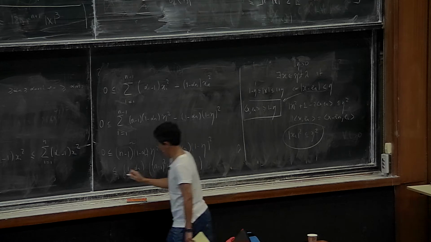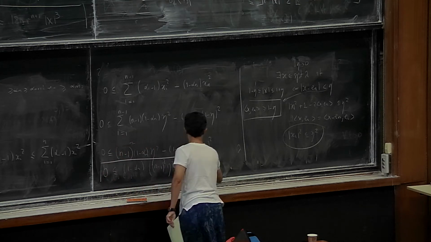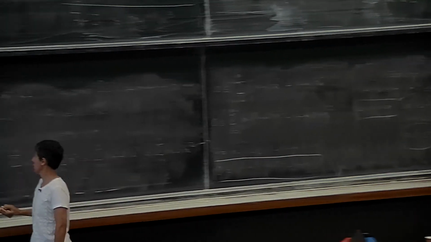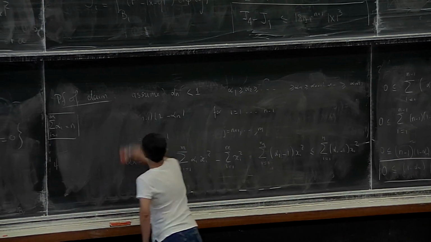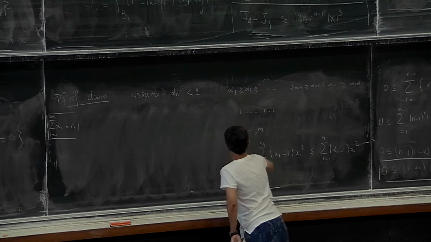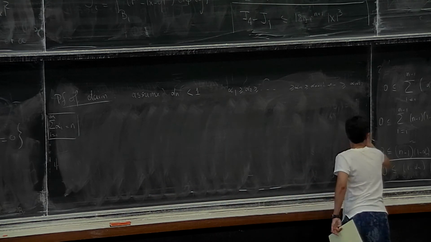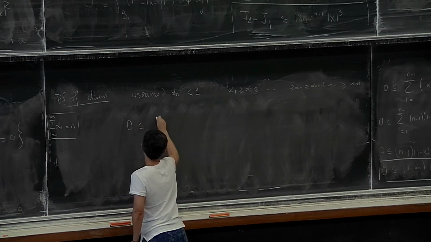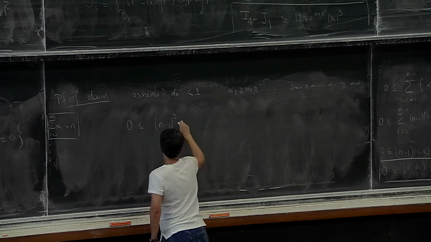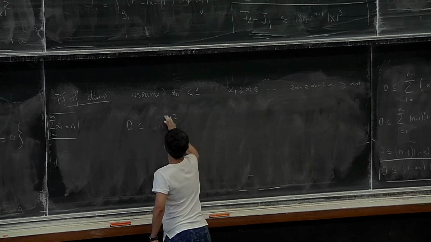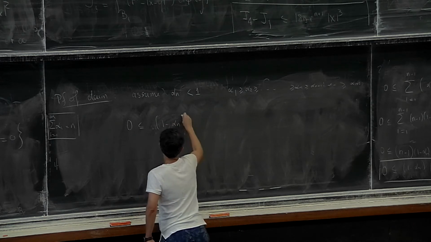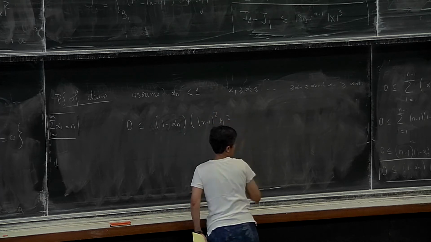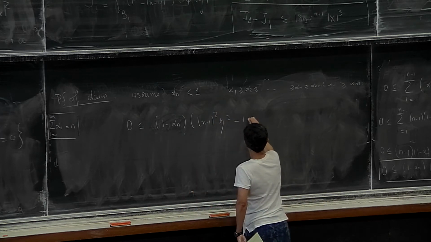So we have these things. Maybe let me put it in a more prominent place. It gives you 1 minus alpha n, n minus 1 squared eta squared minus 1 plus eta.